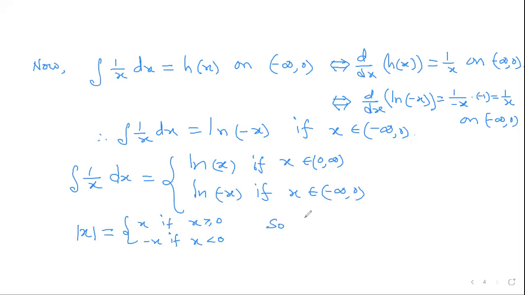So using the absolute value, we can write the integral of 1 over x dx equal to ln of the absolute value of x, where x is in the interval R minus 0.